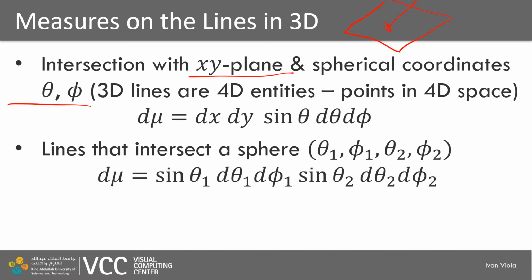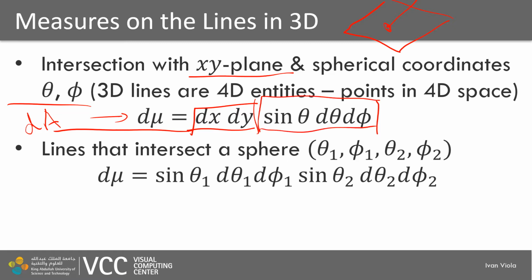For such a measure, we can define the d mu, which will be dx dy, so this will be dA, the differential of an area, and then the differential of the solid angle, d omega, where we have sine theta d theta d phi.